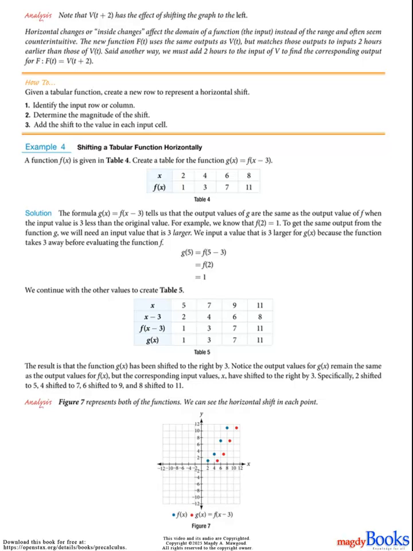Analysis. Figure 7 represents both of the functions. We can see the horizontal shift in each point. Figure 7. f(x) in blue, g(x) = f(x − 3) in red.